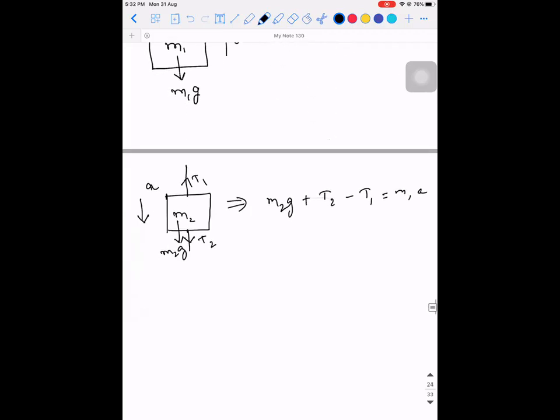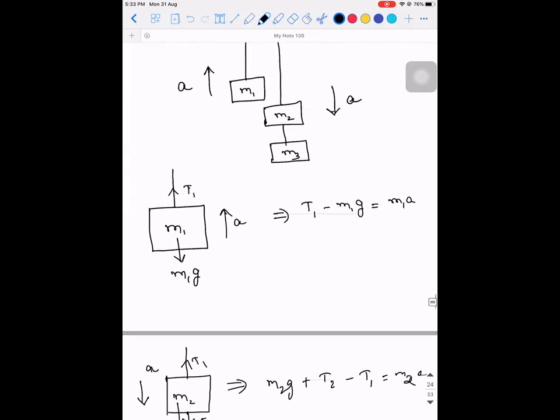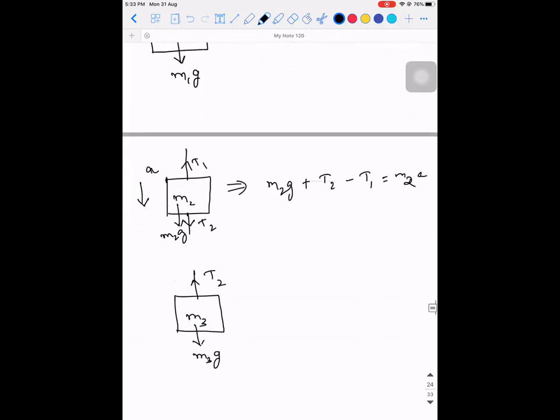Now M3: what will act is M3G downward, and T2 will act in the upward direction, and acceleration is in the downward direction, which implies M3G minus T2 is equal to M3 into A.